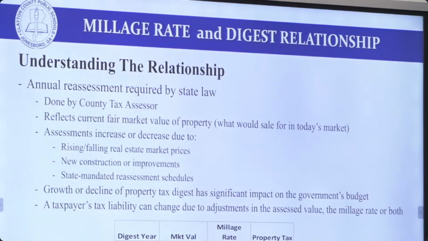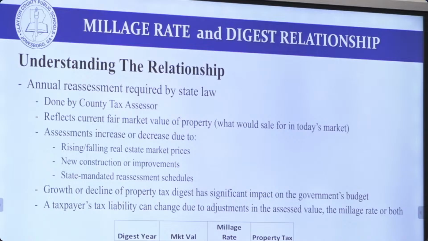This example shows the impact of the digest valuation where the millage rate remains the same. So I went online and looked up a home value in 2019. That home was at $219,877. That was the fair market value. Had the millage rate been 19.6 mils, this homeowner would have paid $1,500.28 in property taxes. I just wanted to do a small example, looking at every 2 years. So you can see in 2021, the values went up, but the millage rate remained the same, the taxes increased because that value went up.